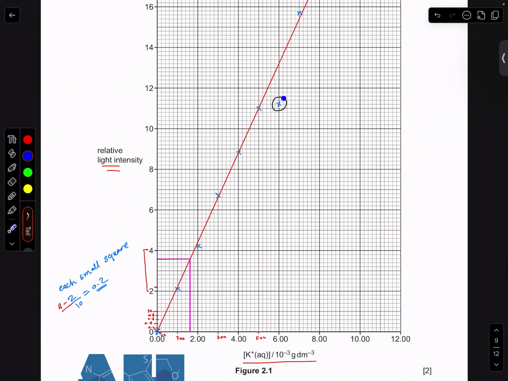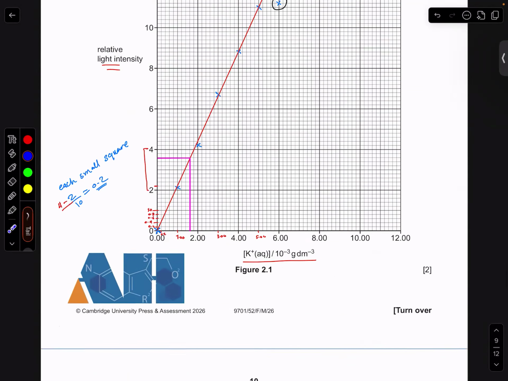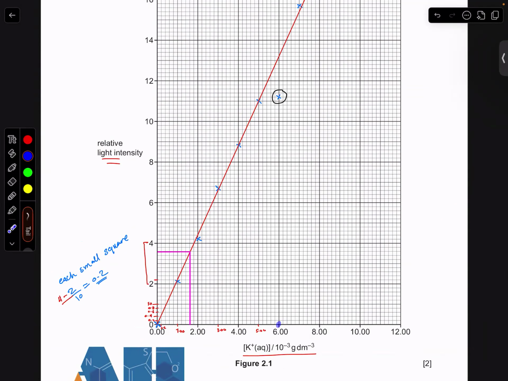Circle the most anomalous point. As we said, this is the anomalous point on your graph, and suggest one reason why. One reason to explain the anomalous point. Here at 6, the concentration 6.